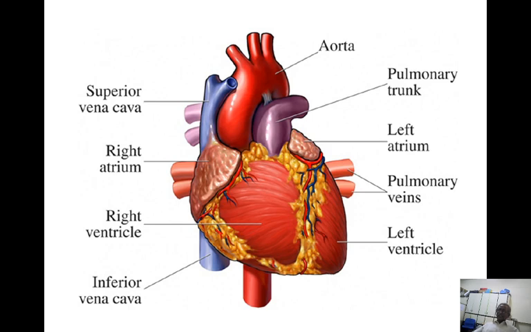Here, the anterior surface of the right ventricle forms 2/3 of this sternocostal surface, whereas the anterior surface of the left ventricle forms one-third of it.